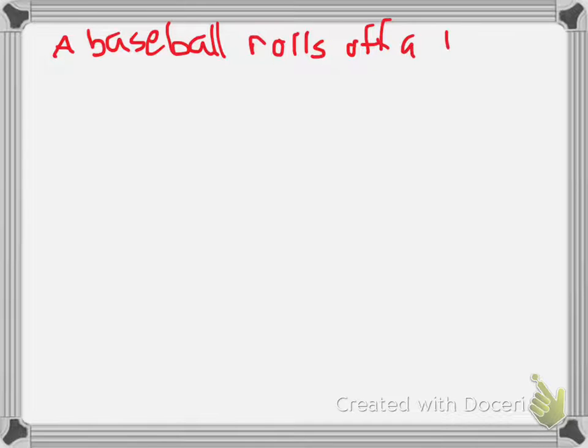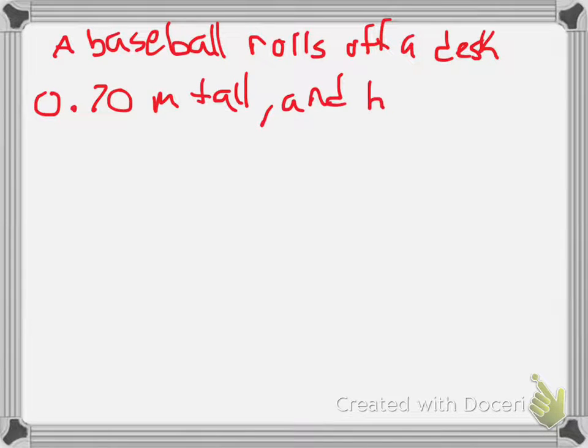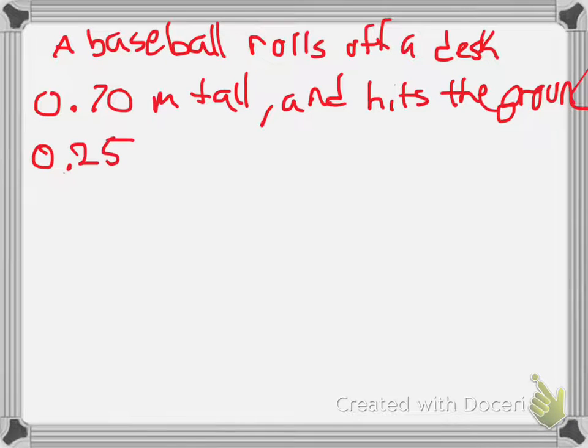We'll do a baseball that rolls off a desk, and the desk we're gonna say is 0.70 meters tall, and hits the ground 0.25 meters away. And we want to know how fast was it rolling.